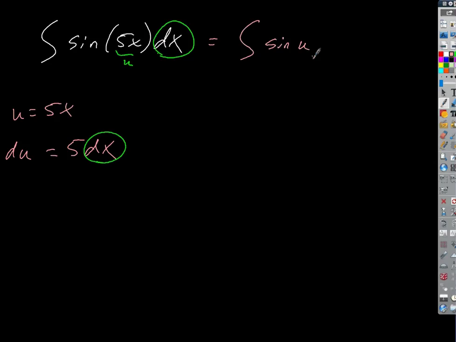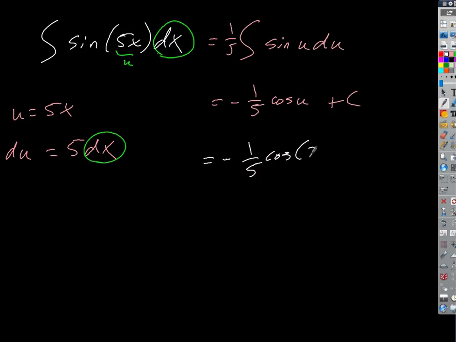Now, where should I put the 1/5, do you think? Out front. Yeah, might as well just put it out front while I'm writing. There's my 1/5 du, and so what's my answer? Okay, so we get negative 1/5 out front, cosine u plus c. Let's reverse the substitution, and what's that become? Done. Got that. Okay.